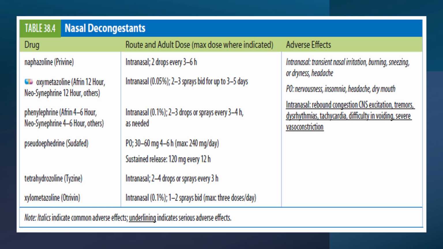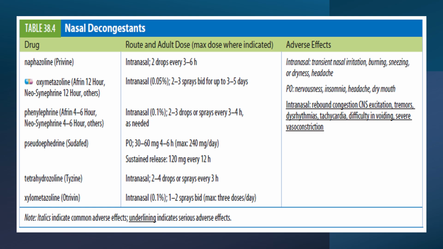The intranasal preparations such as oxymetazoline are available over the counter as sprays or drops, and they produce an effective response within minutes. Intranasal sympathomimetics produce few systemic effects because almost none of the drug is absorbed into the circulation.